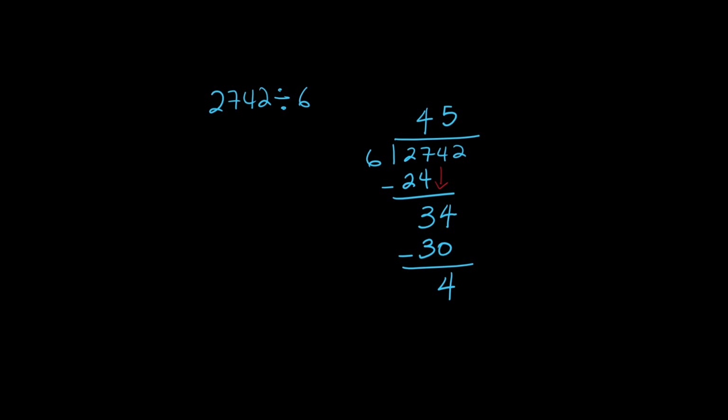And so we go ahead and pull down a copy of our 2 over here. And how many times can 6 go into 42? That will be 7 times. And so our final answer will be 457. And that would be the solution for that problem.